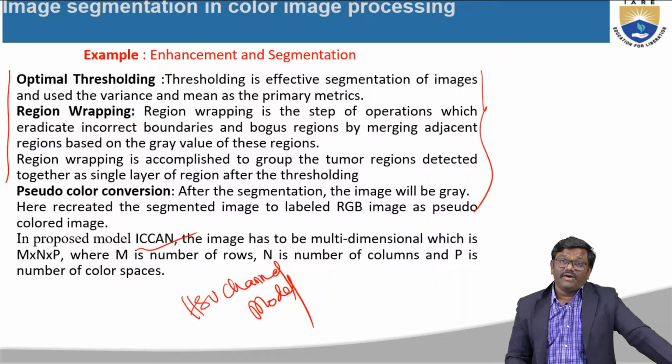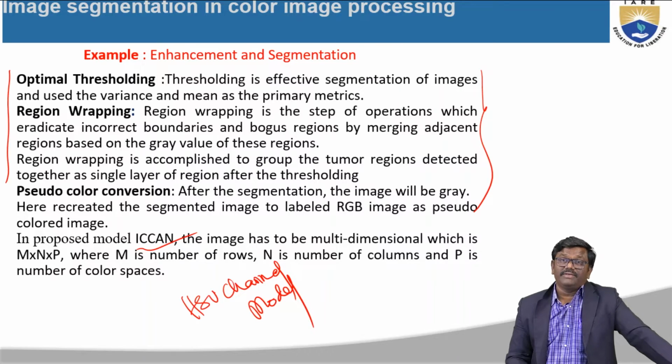Whereas in region mapping based enhancement, region mapping is the step of operations which eradicates incorrect boundaries and bogus regions by merging adjacent regions based on the gray level or gray value of these regions.